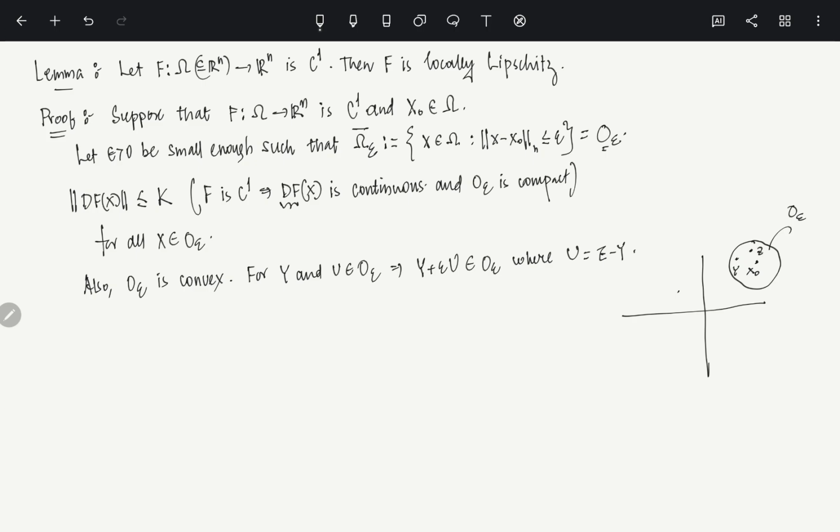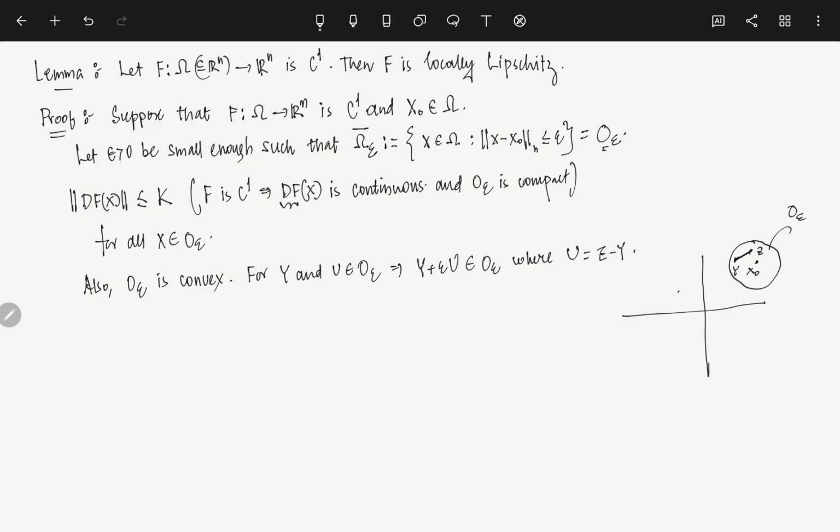Then the straight line joining y and z should be in O epsilon, because O epsilon is convex. So sorry, that line segment containing y and z must be in this. Line segment, not line.